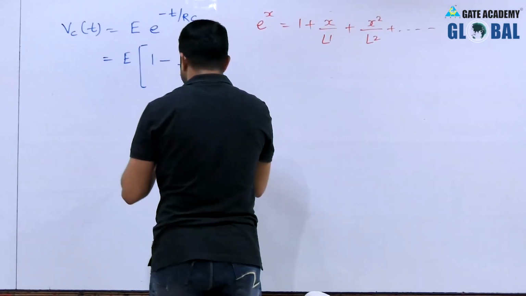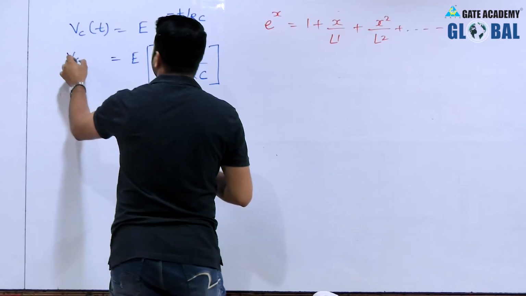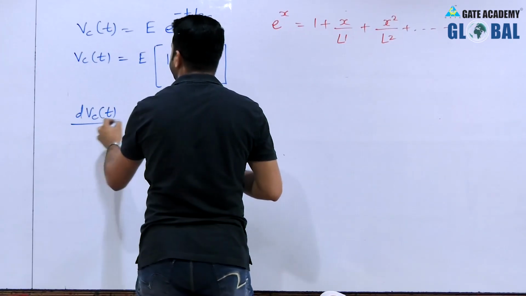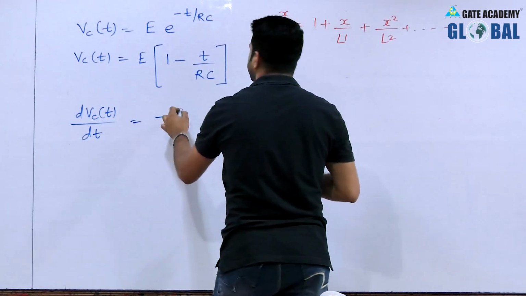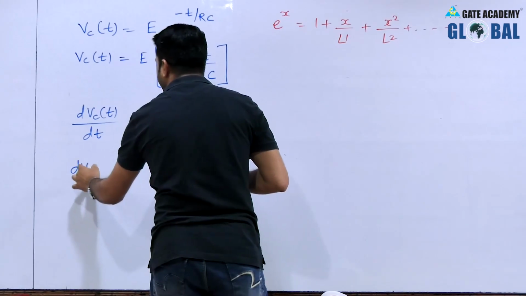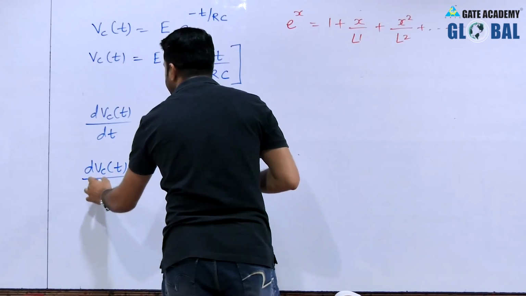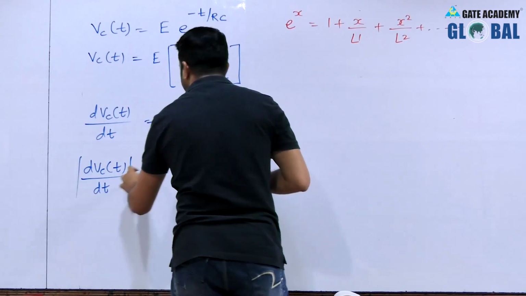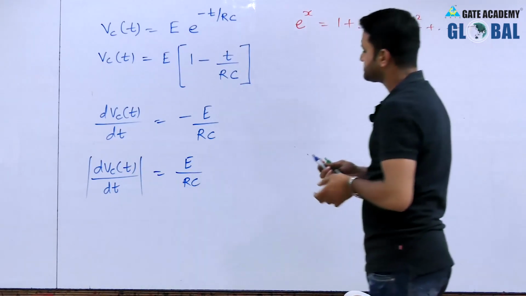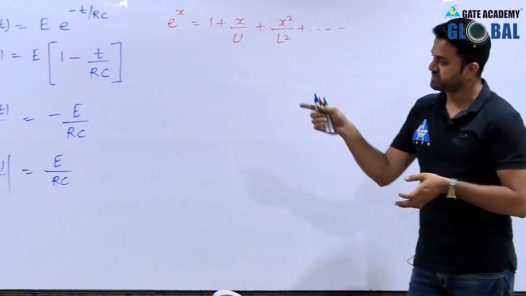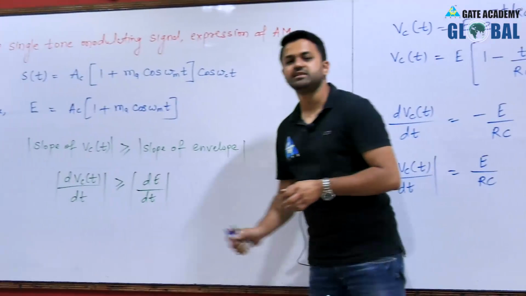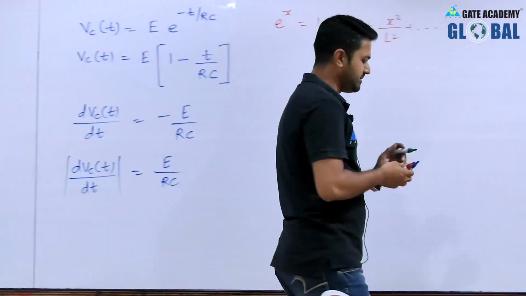Now if I differentiate to get the slope of the capacitor voltage, dVc/dt, we get minus E upon RC, and because we have to consider only the magnitude, |dVc/dt| is E upon RC. So this is the left-hand side of our condition. Now we have to derive dE/dt.